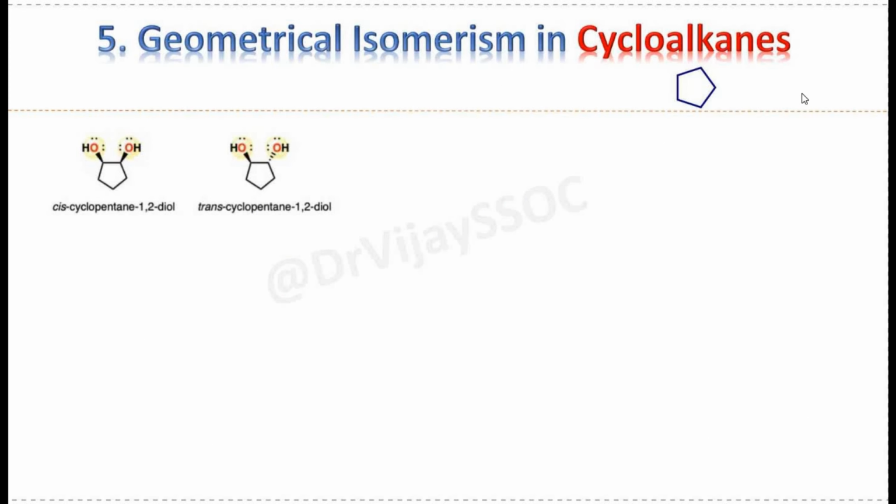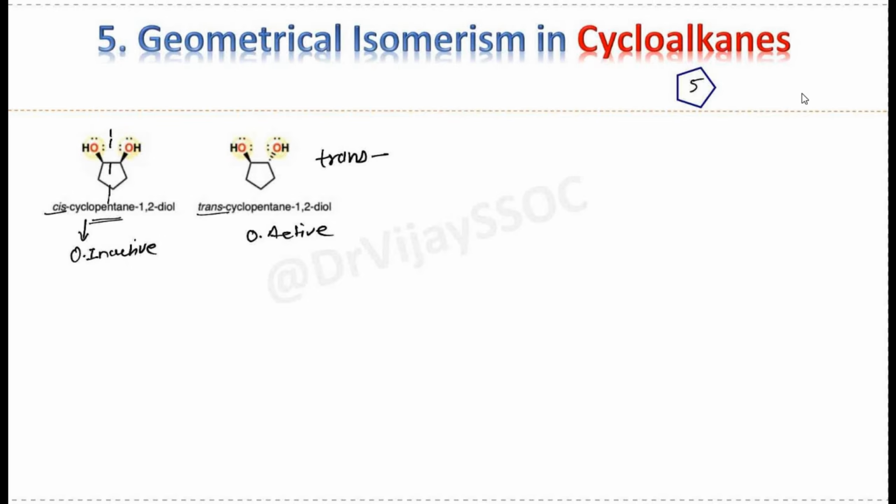Now let's look at the 5-membered ring. In the case of a 5-membered ring also, you can have a 1,2 disubstituted ring, and you can have this kind of structure where you can say it is cis, and when the 1,2 substituents are on the opposite side, you call it trans. And cis has a plane of symmetry, therefore cis is optically inactive, but trans is optically active, so it can show optical isomerism.